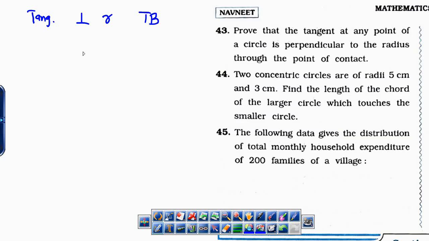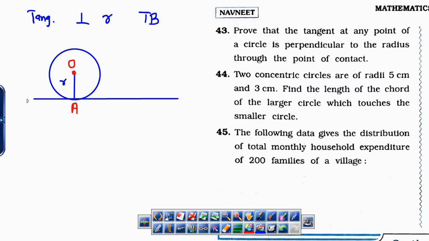Tangent perpendicular to radius. Circle, tangent, radius r. Suppose the tangent is at a point A. The center of the circle is O. We have to prove the radius and tangent are perpendicular to each other.